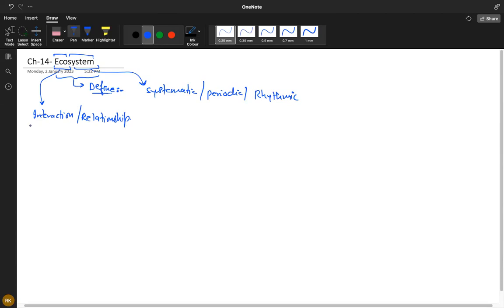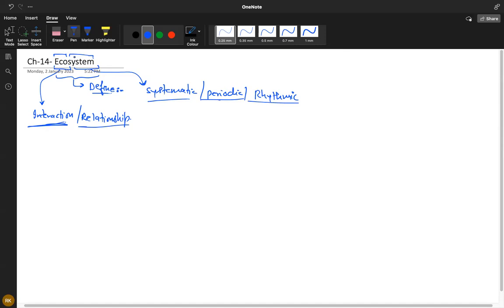So an ecosystem is when we understand the interaction or relationship of biological systems among themselves and with the environment, which contains both biotic and abiotic components, and that interaction is systematic. It forms a system. Everything depends on everything else.